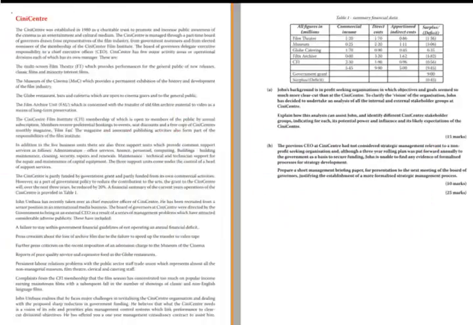Now we're going to look at a question, CiniCentre, which is fairly typical of a Part B question from Paper P3. It's typical because even in the shorter Part B questions, you're provided with a substantial amount of information giving details about the scenario.